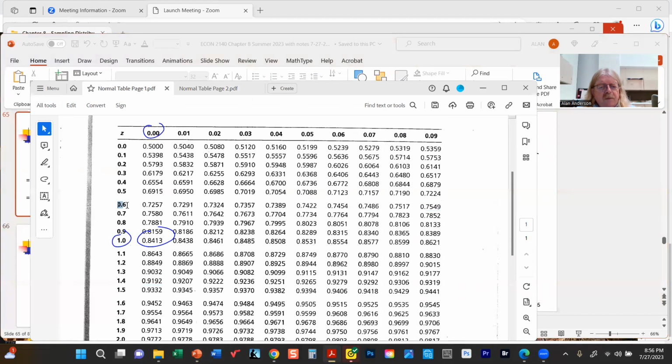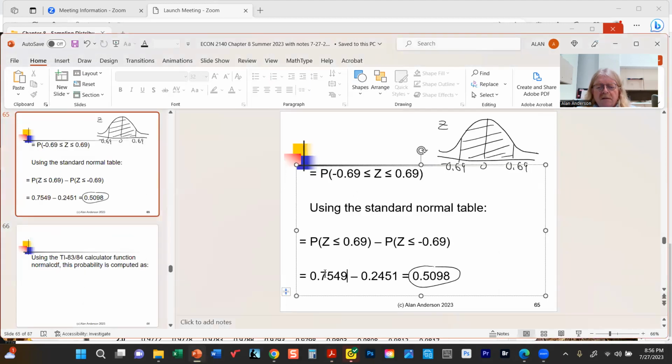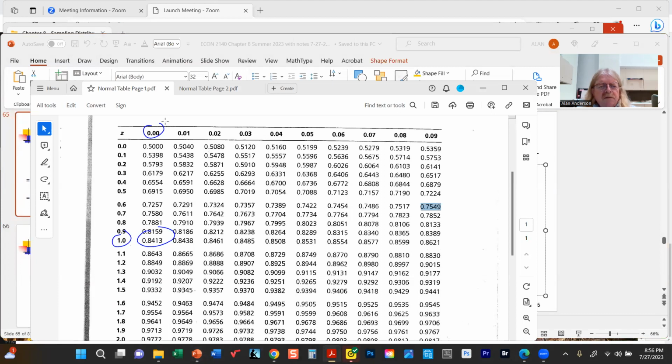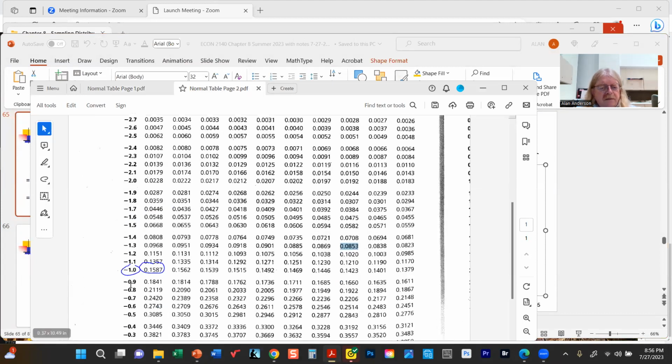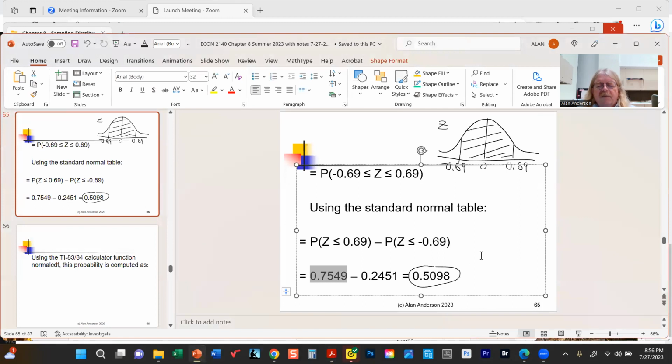Okay, at the intersection of 0.6 and 0.09, we find 0.7549 right there. And on the negative table, negative 0.6 combined with 9, 0.2451. The difference between the two is 0.5098.